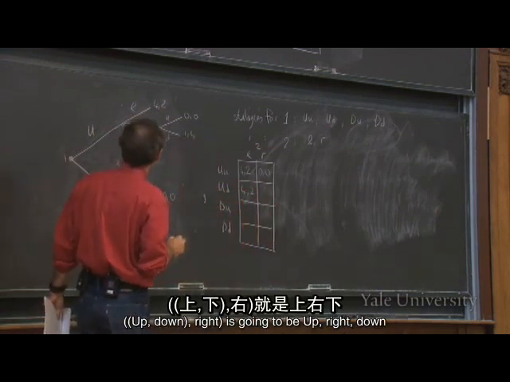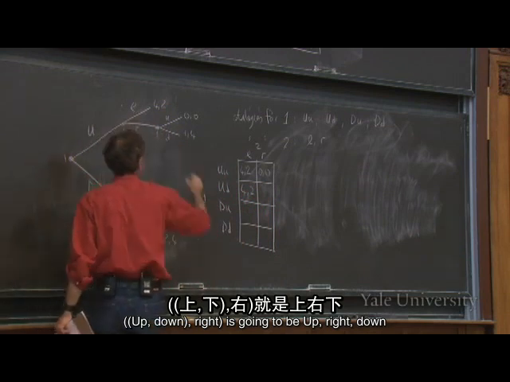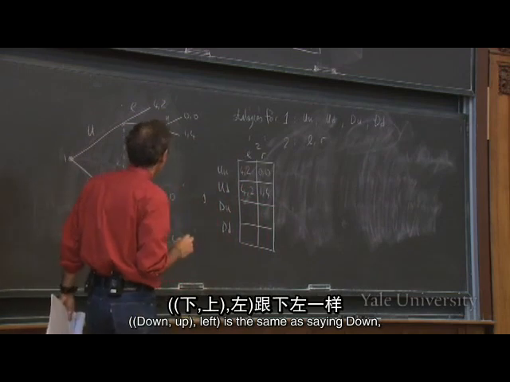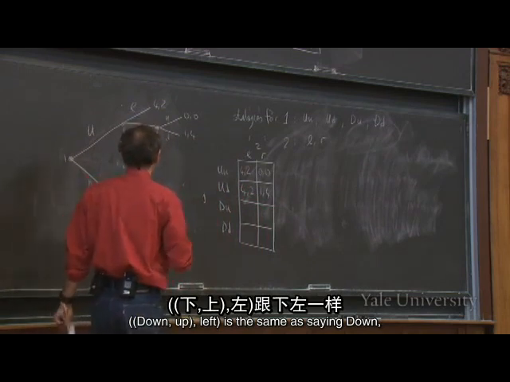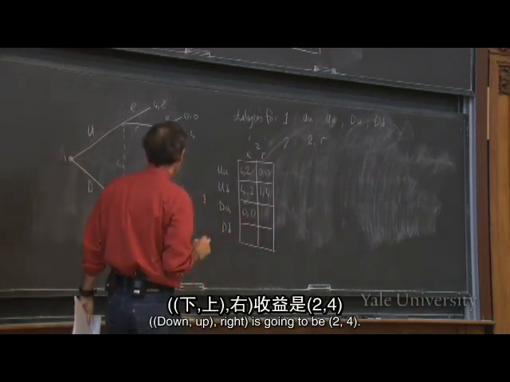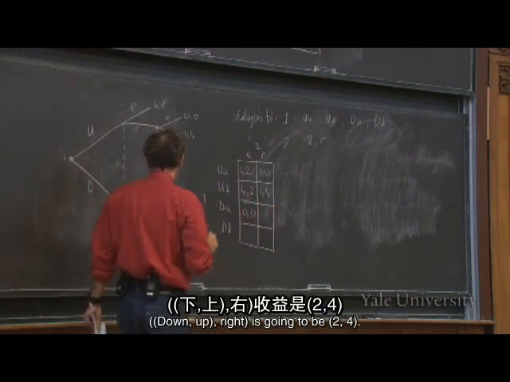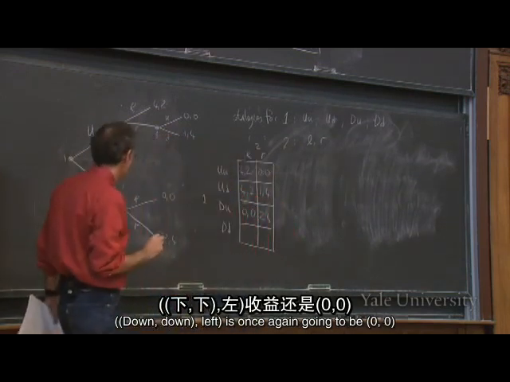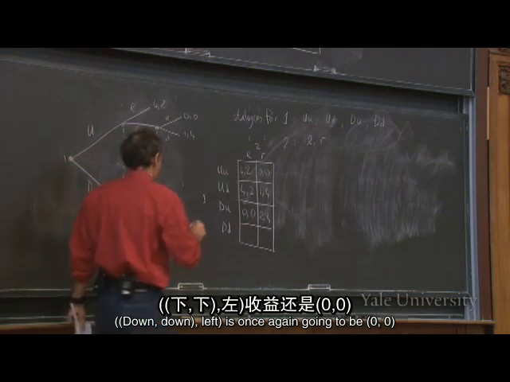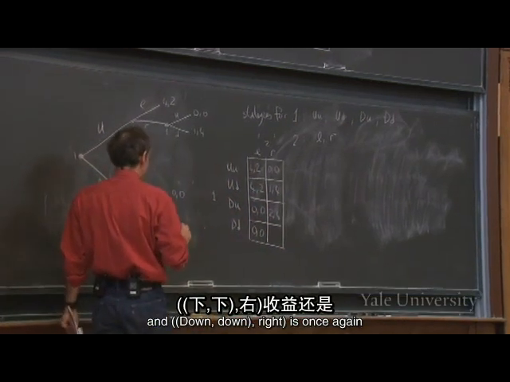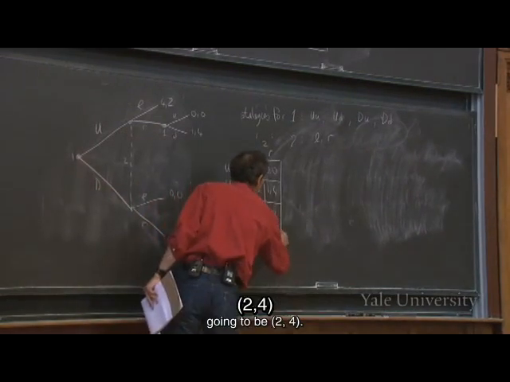Up, down, right is going to be up, right, down. So it's going to be 1, 4. Down, up, left is the same as saying down, left. So it's going to be 0, 0. Down, up, right is going to be 2, 4. Down, down, left is once again going to be 0, 0. And down, down, right is once again going to be 2, 4.